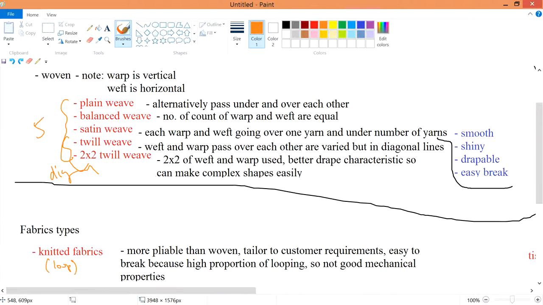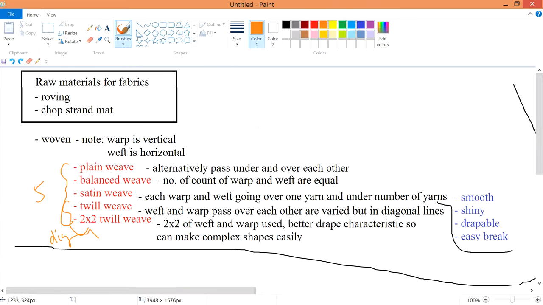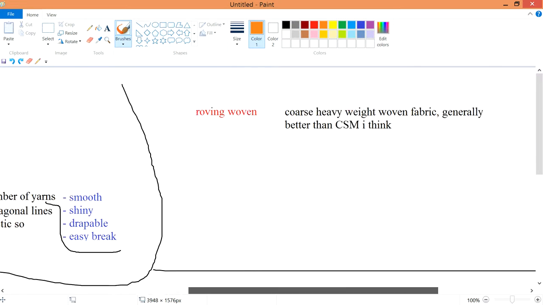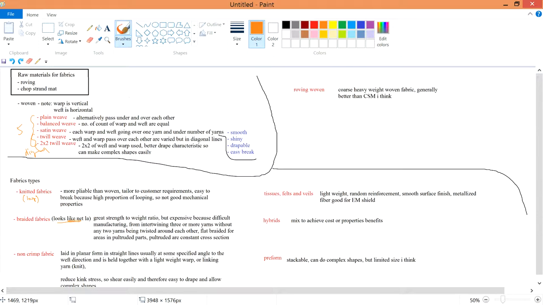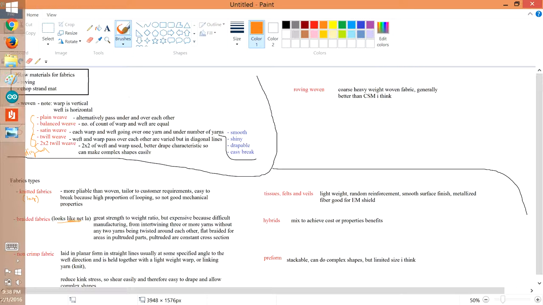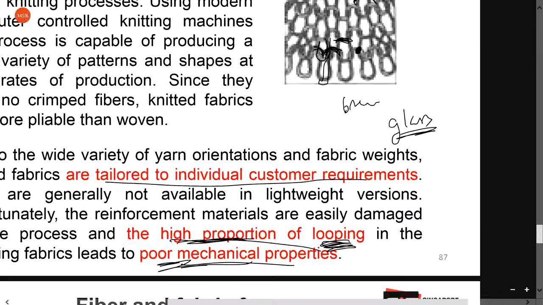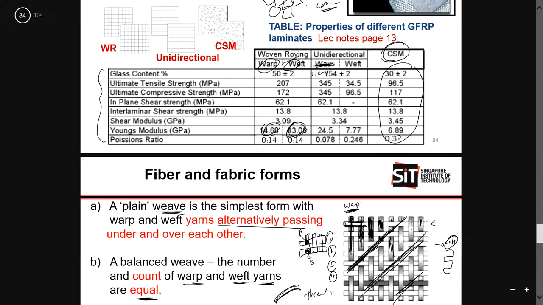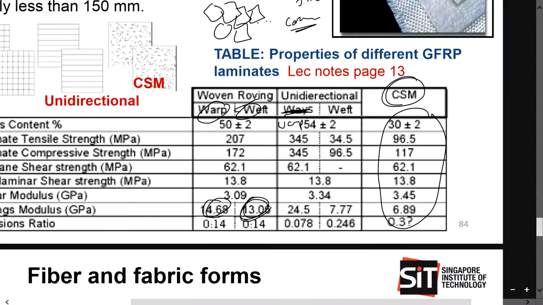So these are all the keywords for you to understand, and you just need to know that for the roving woven is to take the roving, mix with the woven, and you would have all these things. And it is better than the CSM, the chop strand mat. Most probably it is because we can mix the different properties of the fibers from this chart over here.